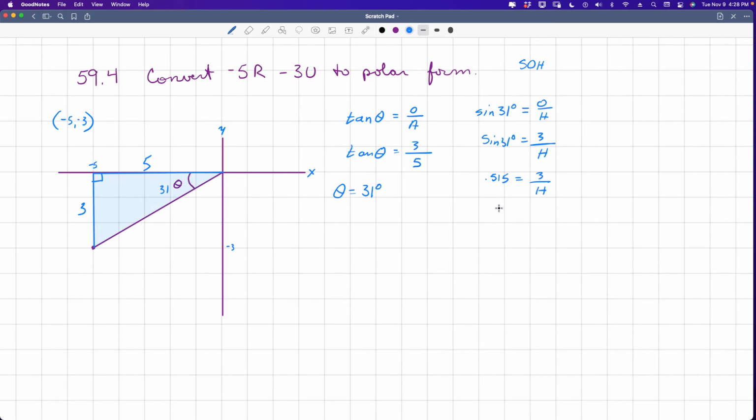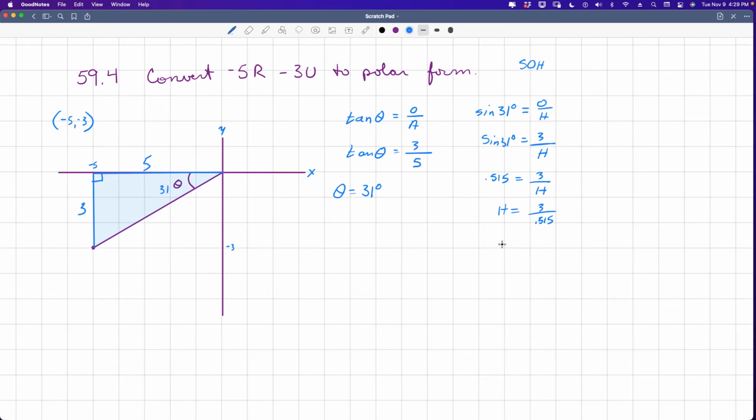We know we can flip that and say that H is equal to 3 over 0.515. And we can do the math there.